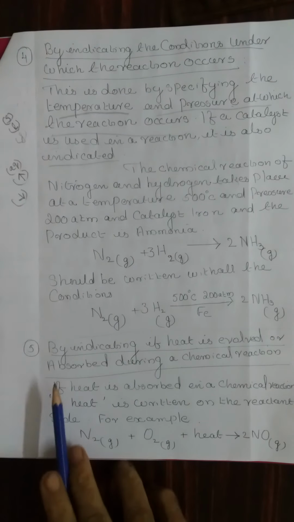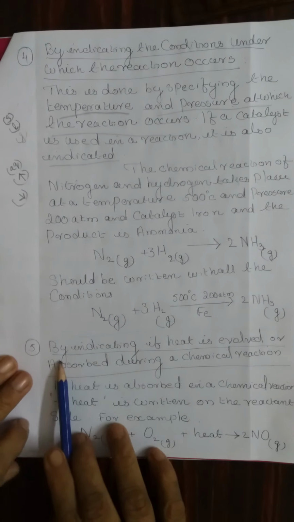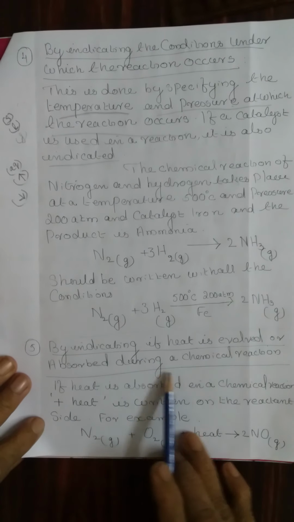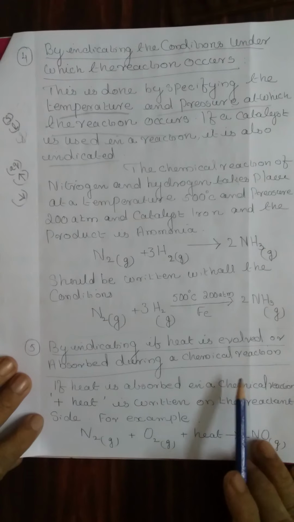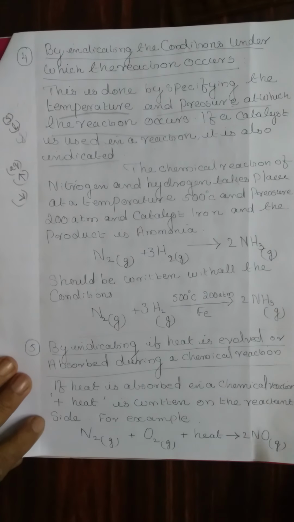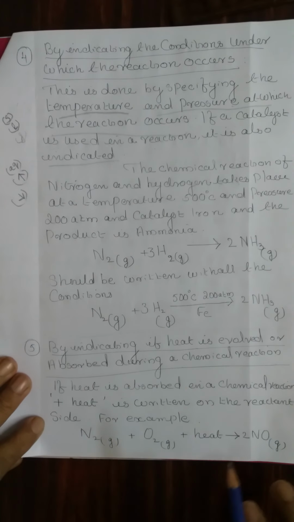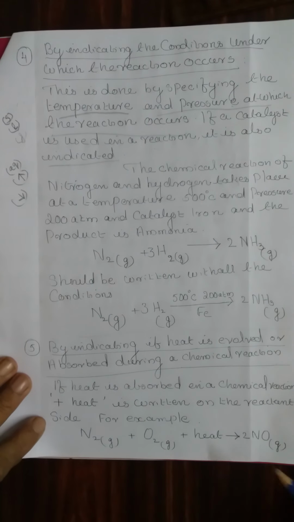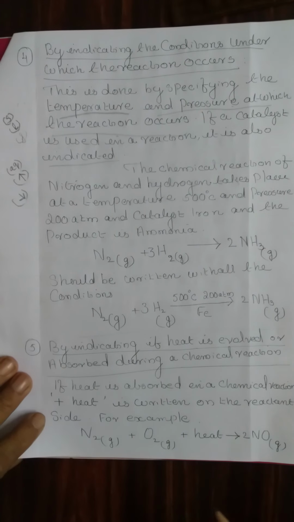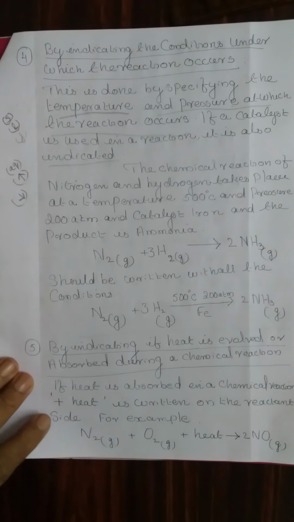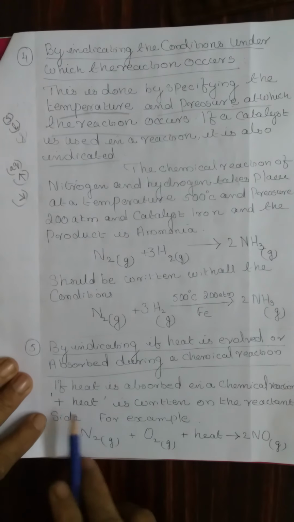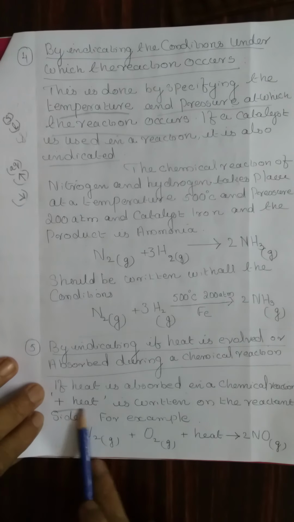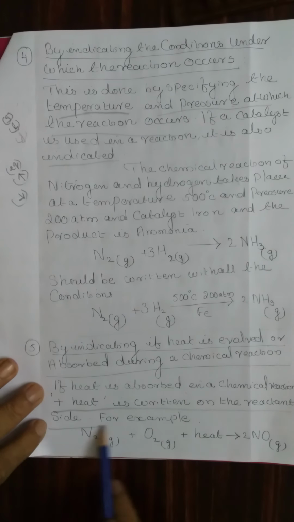Now, the next one is indicating if heat is evolved or absorbed during a chemical reaction. See, in most chemical reactions, either we have to supply heat or heat is liberated or evolved. Therefore, what symbol do we have to adopt in this type of chemical reaction? For example, if heat is absorbed in a chemical reaction, plus heat is written on the reactant side.